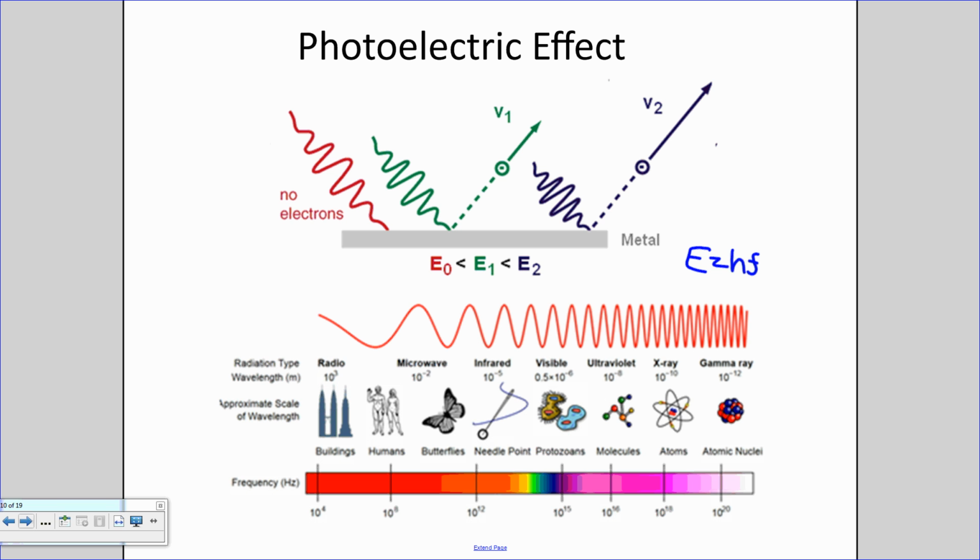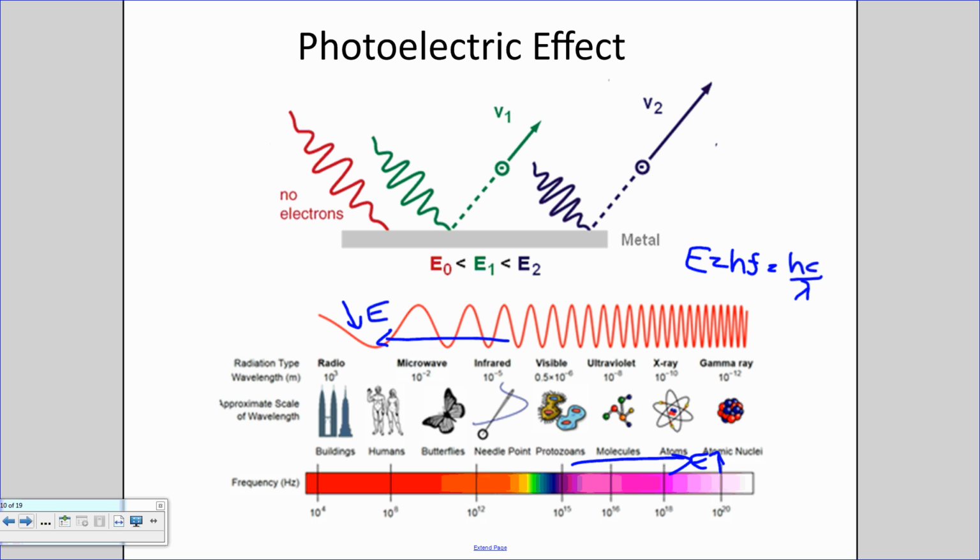Your frequency versus your wavelength, or E equals hc over lambda. So as your wavelength goes up, your energy goes down. Right? So as my wavelength gets bigger, energy goes down. As my frequency gets bigger, my energy goes up.